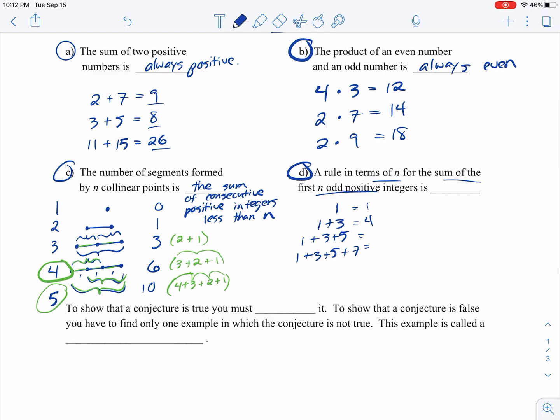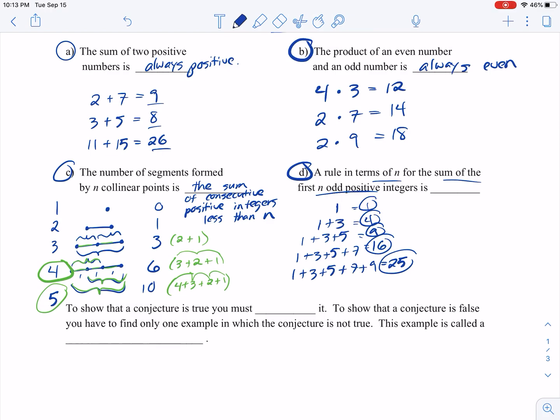For D, if we continue this pattern, 9, 16, 1 plus 3 plus 5 plus 7 plus 9, we got you 25. Hopefully you notice that the sum of the first odd positive integers is always going to be a perfect square.